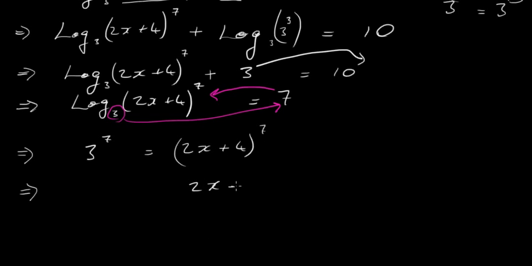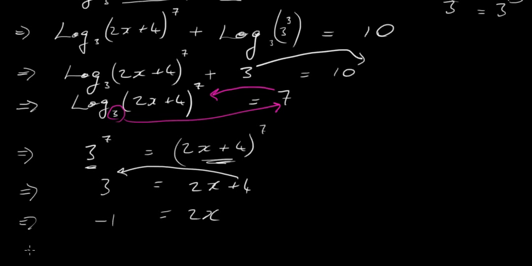So then just simply bring the 4 over here, and you get minus 1, 3 minus 4. And that will finally give me x is equal to minus 1 over 2.